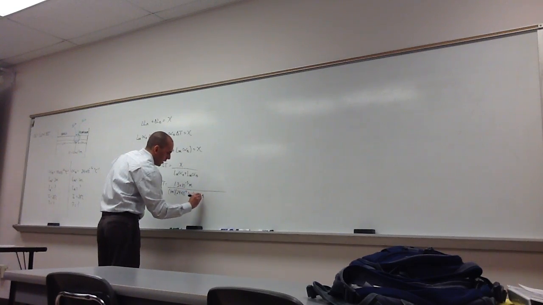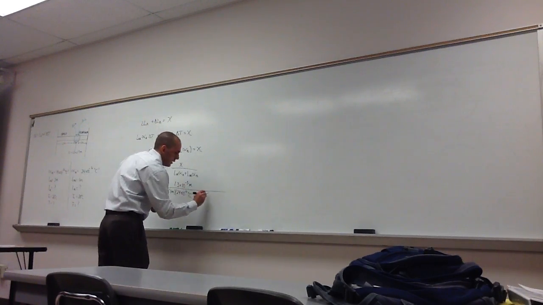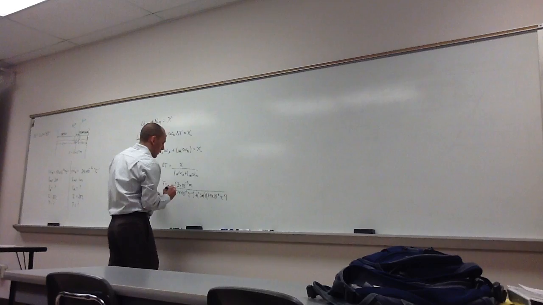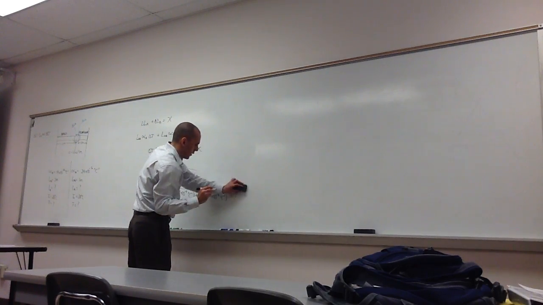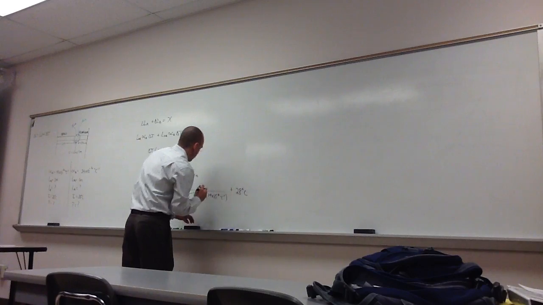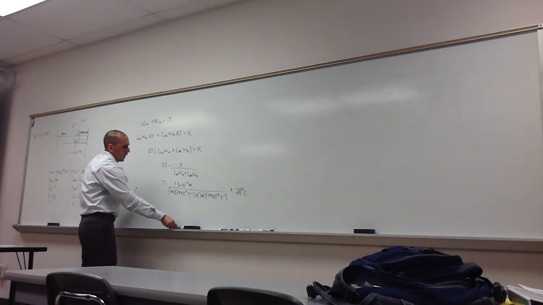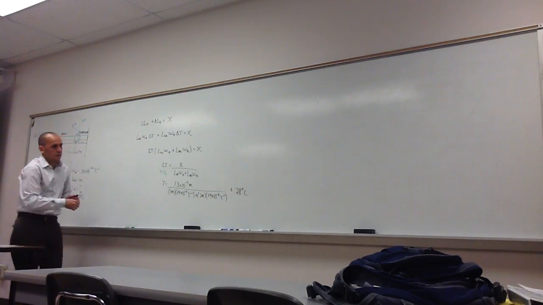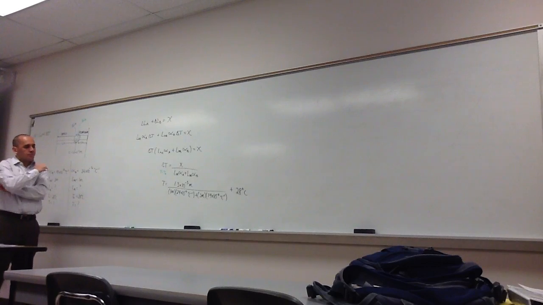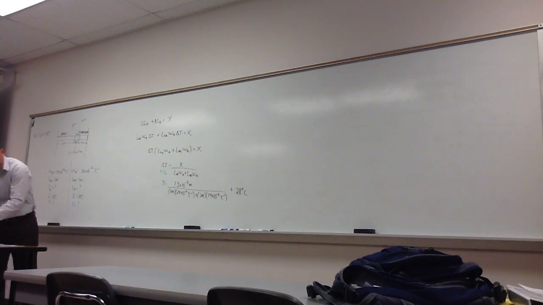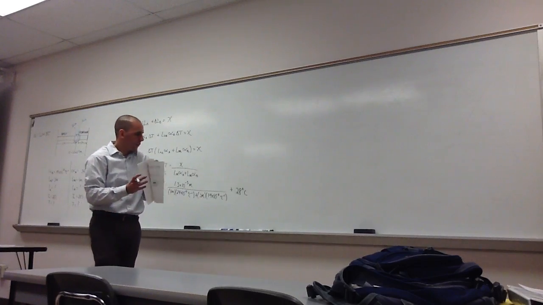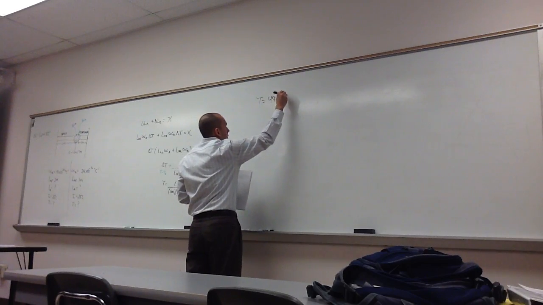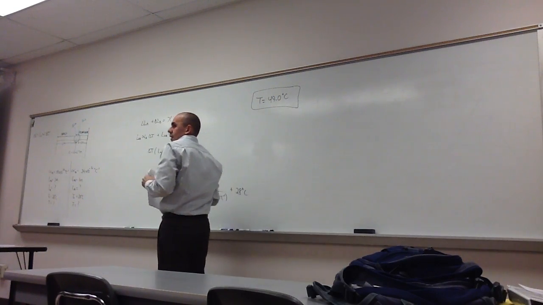And then we have our 2 meters for the brass, and the 19 times 10 to the minus 6. And then I'm going to add the initial temperature of 28 degrees Celsius, because this delta T here was just T minus T naught, and I just added over the T naught to the right hand side. So we can plug all those in and get a temperature of 49 degrees Celsius.